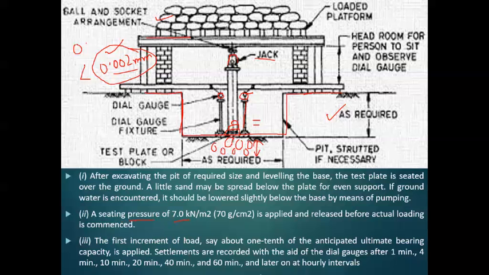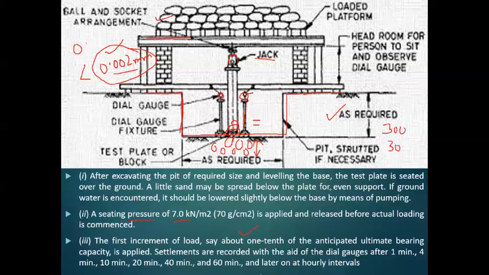The first increment of the load we use is 1/10 of the anticipated ultimate bearing capacity. For example, if we are aiming at 300 kilonewton per meter square, 1/10 of that is 30 kilonewton per meter square.